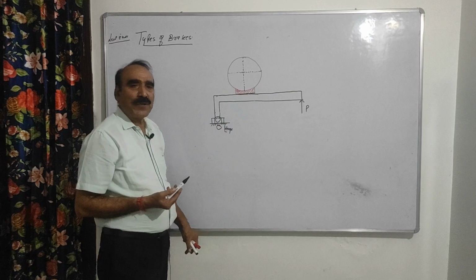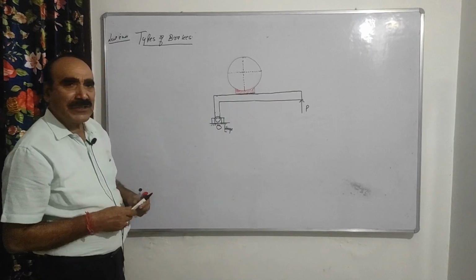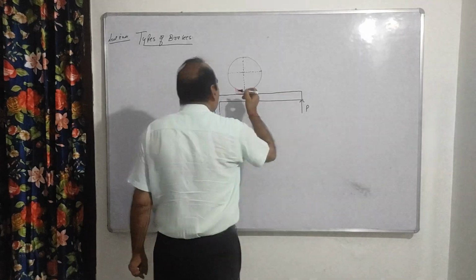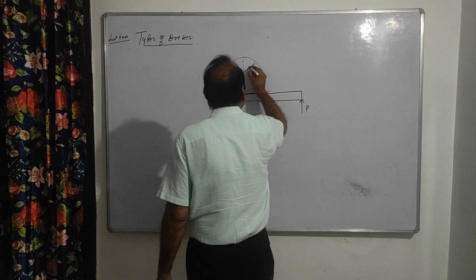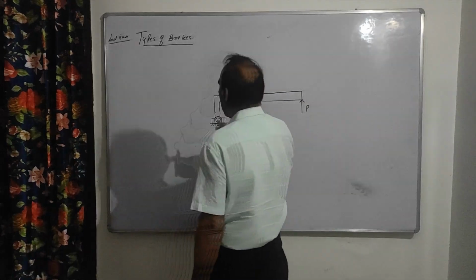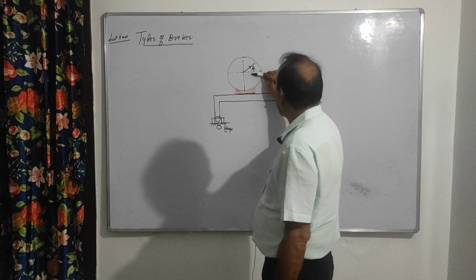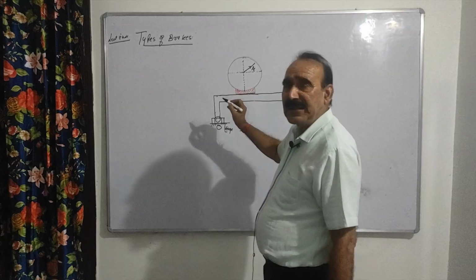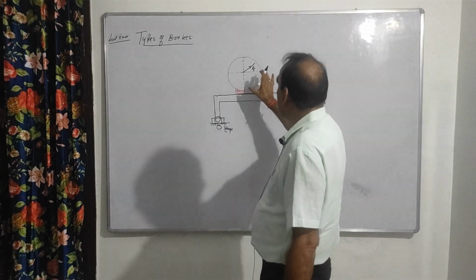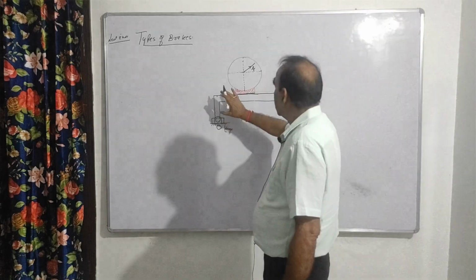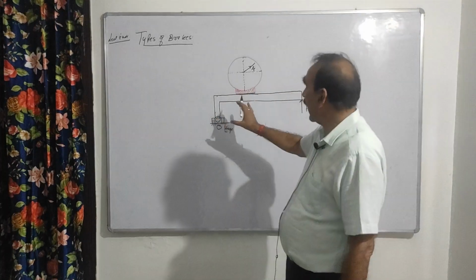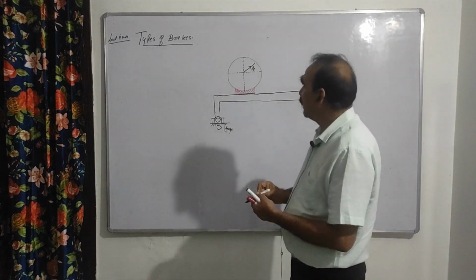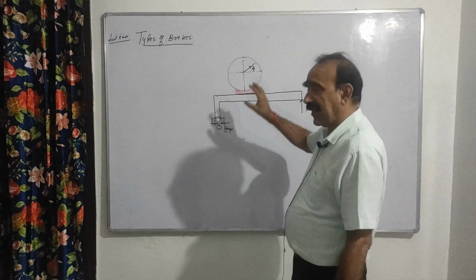Suppose this is the radius R of the drum. This friction force will act at the center, and a torque will be produced, and that torque will brake the rotation of the drum.